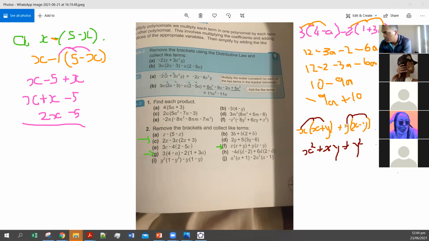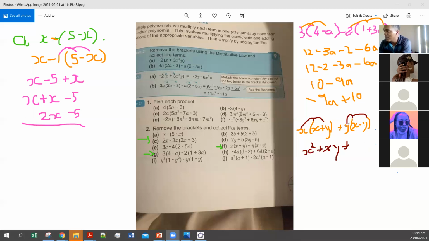It's a positive y. Sorry about that. It's a positive y times a negative y. So instead of plus, it will be minus y squared. Isn't it y times x plus? Okay, I went to the y first instead of the x.